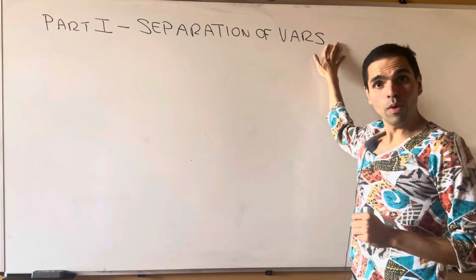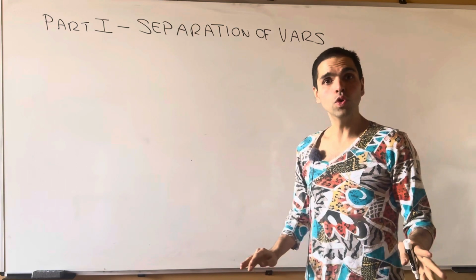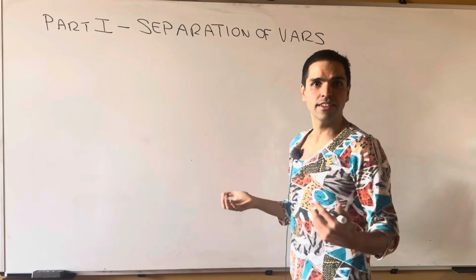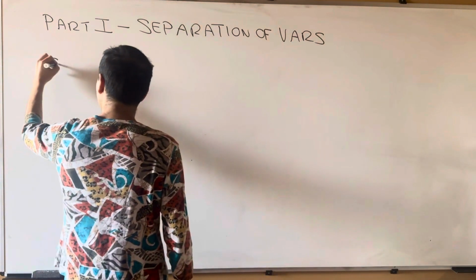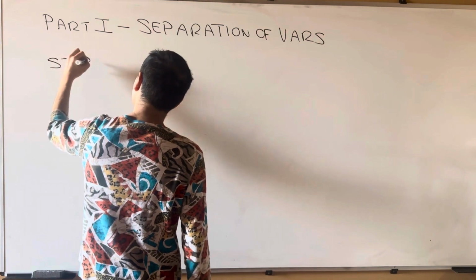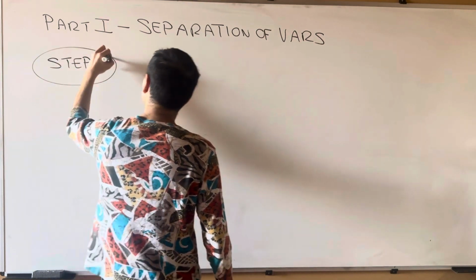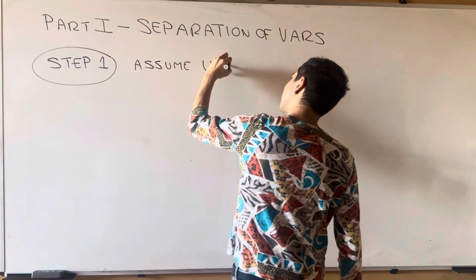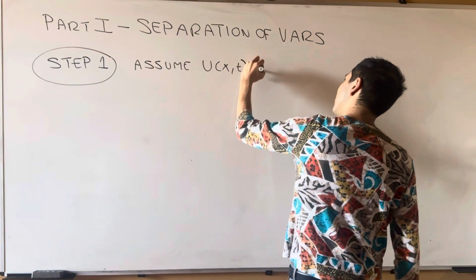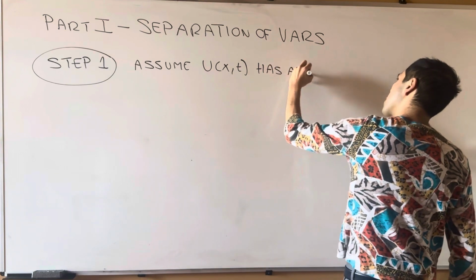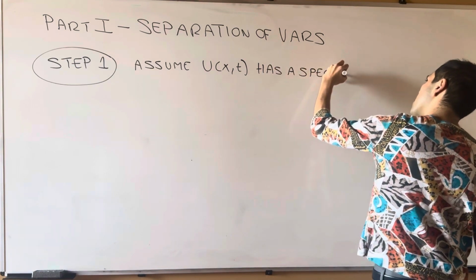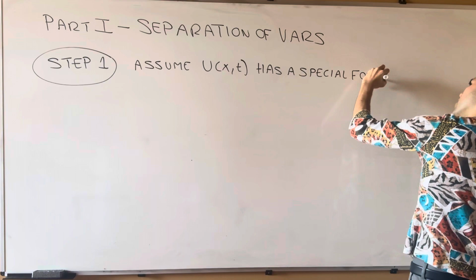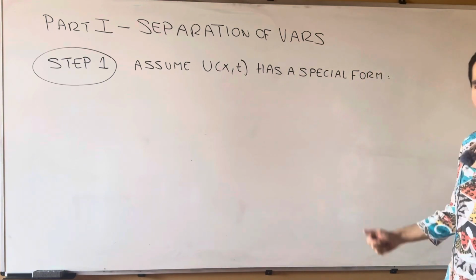And so what we'll do now, we will assume that our PDE has a special form. So step 1, and this is where we separate variables. Assume u(x,t) has a special form. I'll explain why in a second.